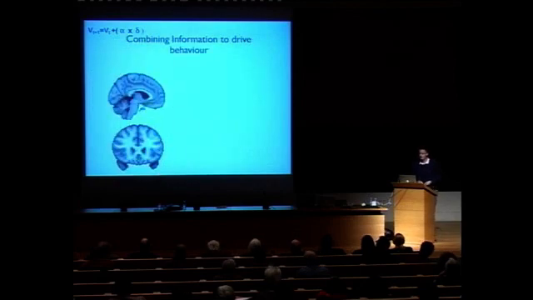So the last piece of information looks at a region of the brain that Heike was telling you about earlier. So this is a ventromedial part of the prefrontal cortex, which often, in many studies, has been activated in the context of the value of the thing that you're currently choosing.